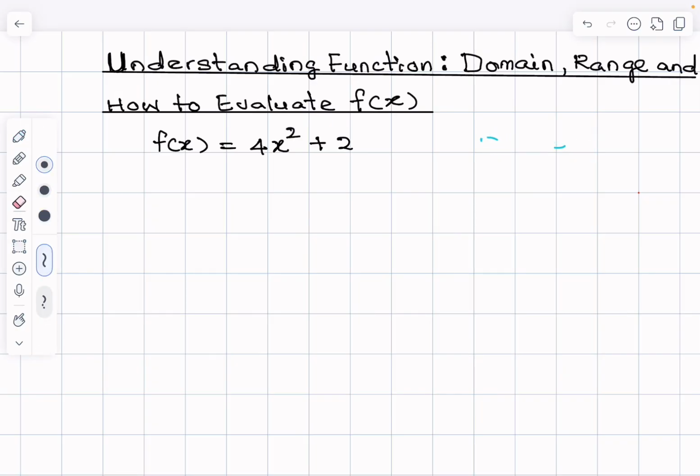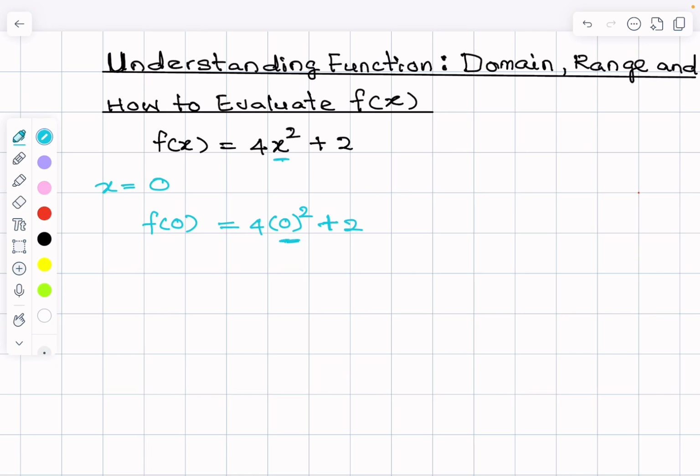Then next, evaluate the function. Let's try to evaluate the function for a few values of x. Let's start with x equals 0. We plug 0 into the function. So f of 0 equals 4 times 0 squared plus 2. Here remember, only x is being squared, not the whole expression.